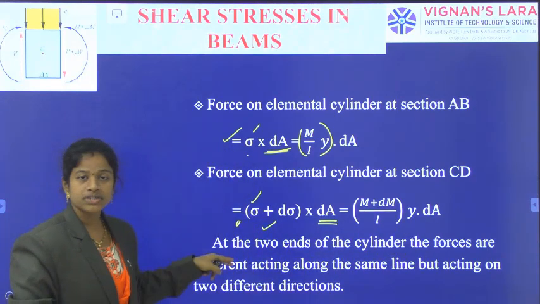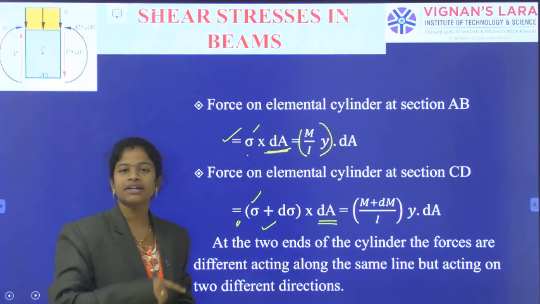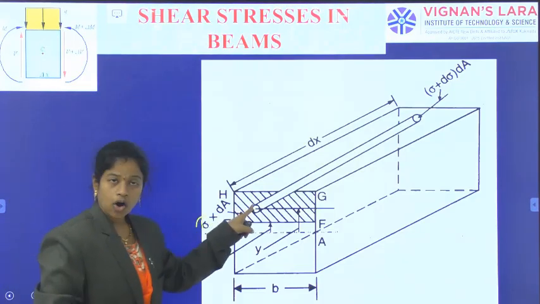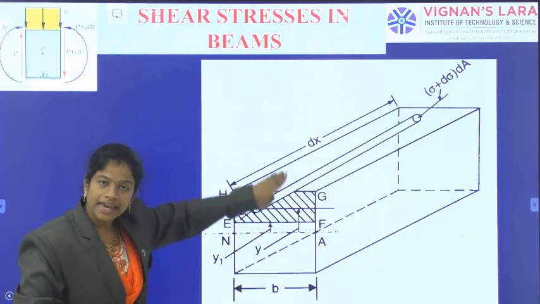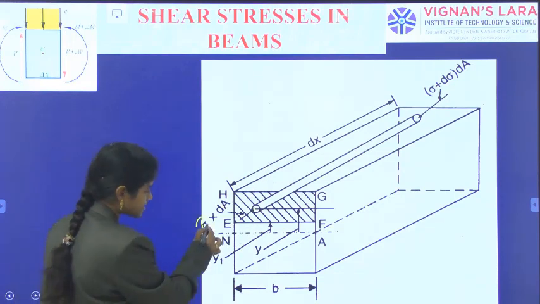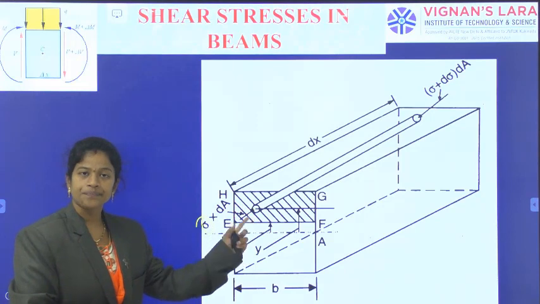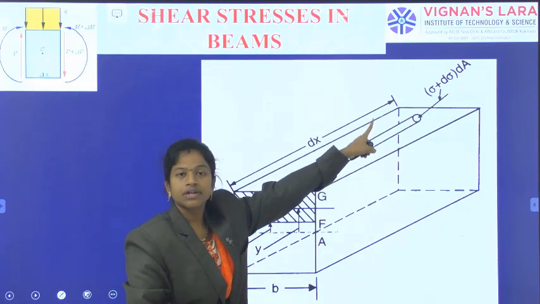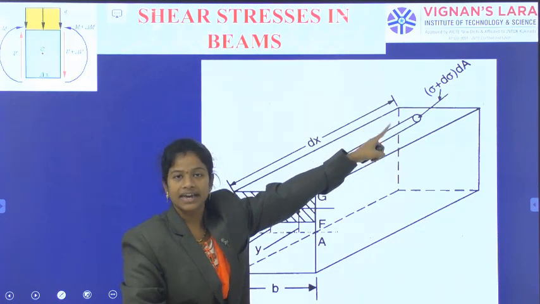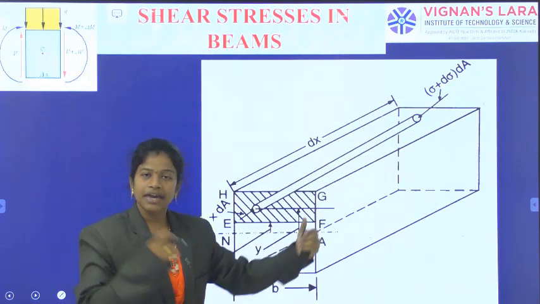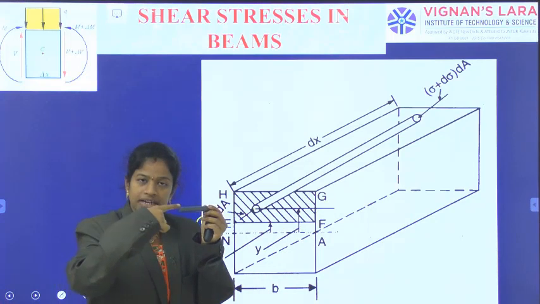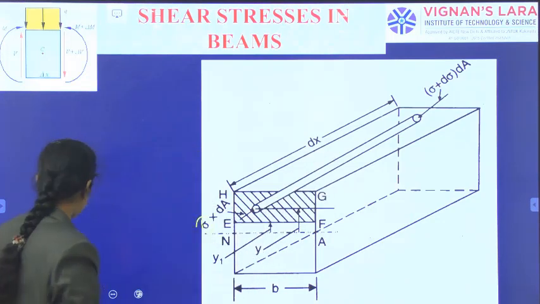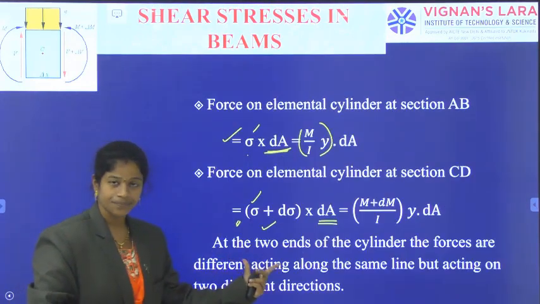Now, these two forces are acting on the same elemental cylinder, right? On the complete left portion, at the AB section, we have the stress sigma times dA, and on the same element at the next section, we have sigma plus d sigma into dA as the force. So the same elemental cylinder faces one force here and another force there.